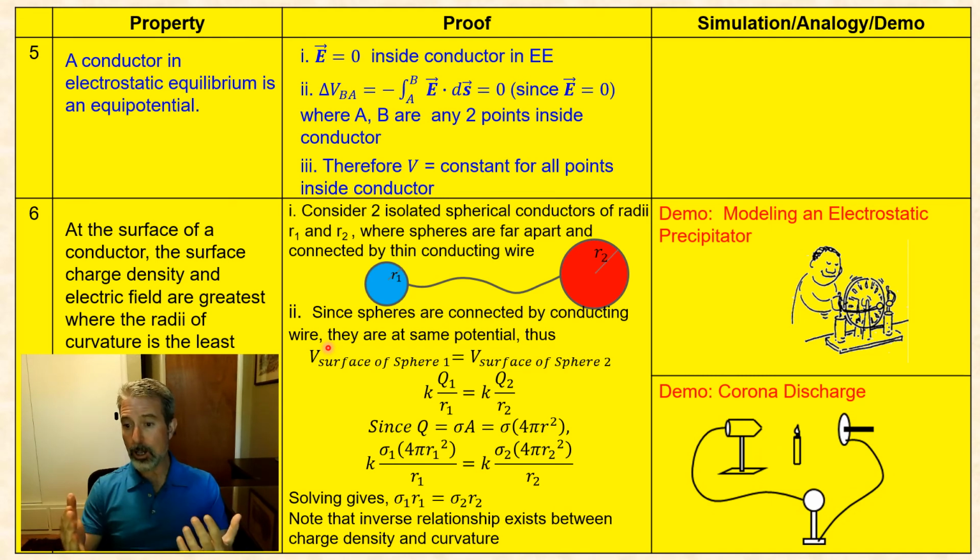I'll also show you an example of the corona discharge that happens from a point. Pointed objects have a very small radius of curvature, which means the electric field at a point would be very strong. That's what I will illustrate with the next couple of slides.